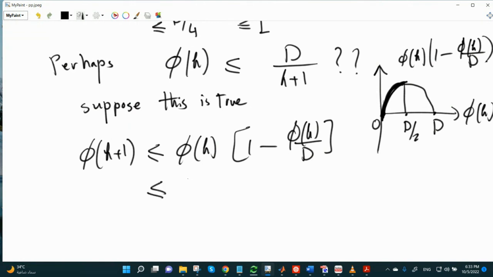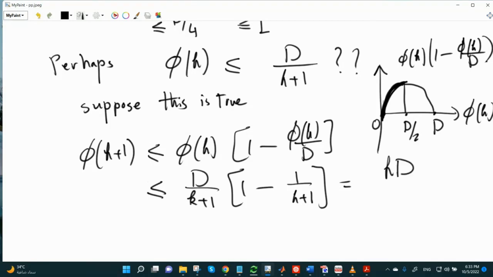So by the induction assumption that phi k is less than d over k plus 1, we have d over k plus 1, and then 1 minus d over k plus 1 over d, that's 1 over k plus 1. And then this is k d over k plus 1 squared.